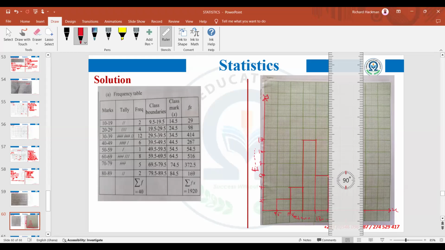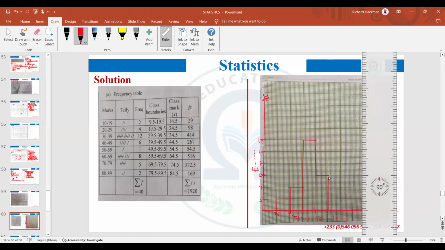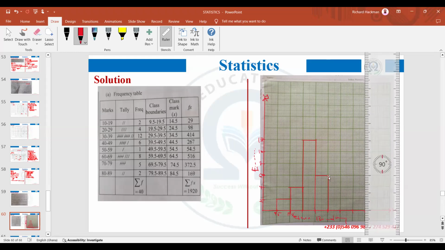The next one, we are looking at what? 1. And 1 is supposed to be midway of what we have there. So that is 49.5 to 59.5. Let me also do that quickly.